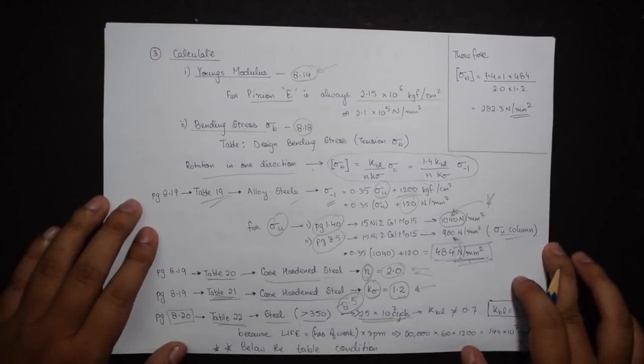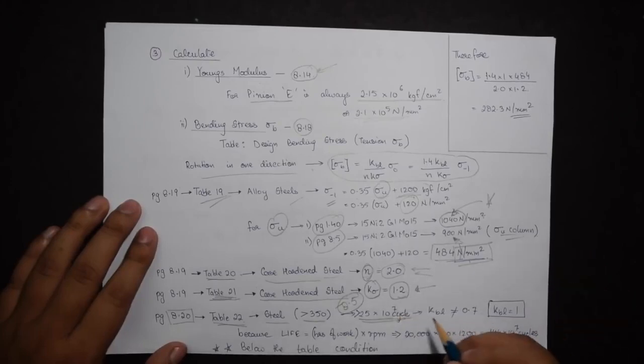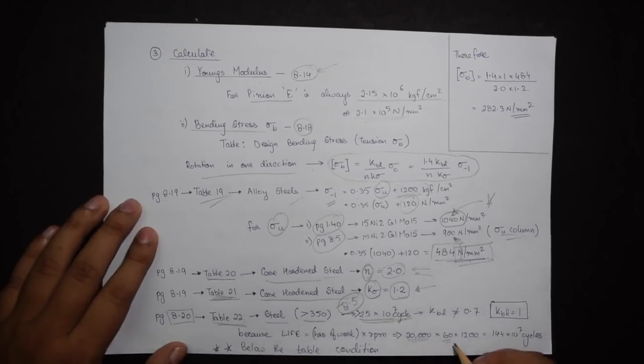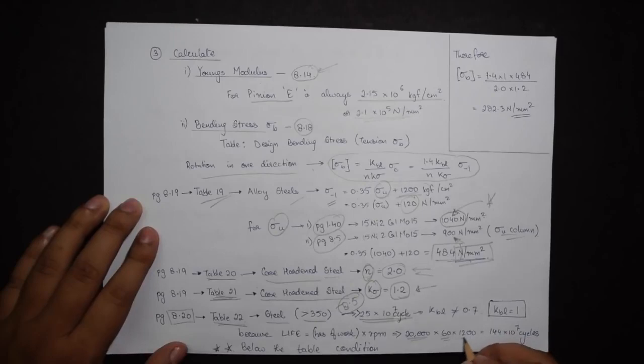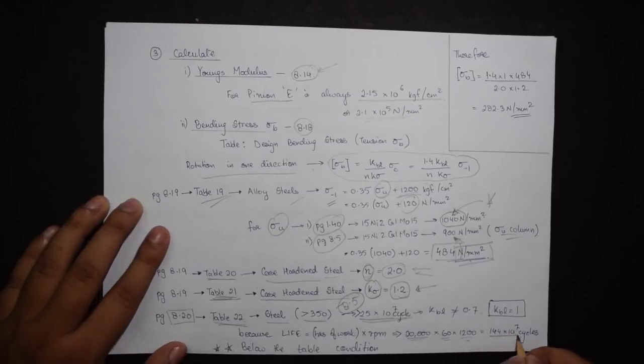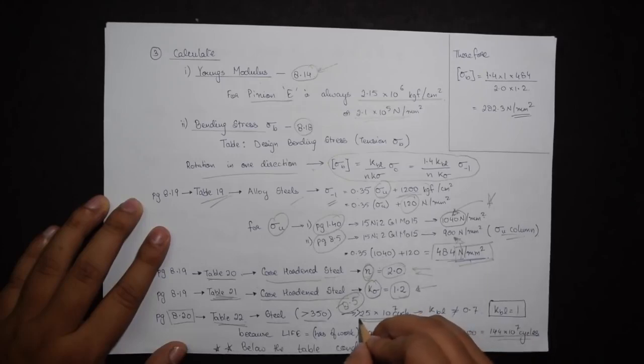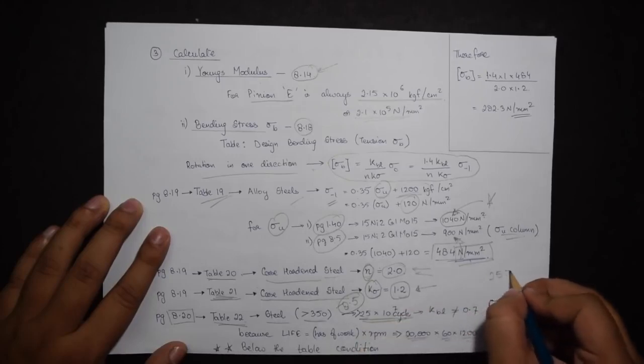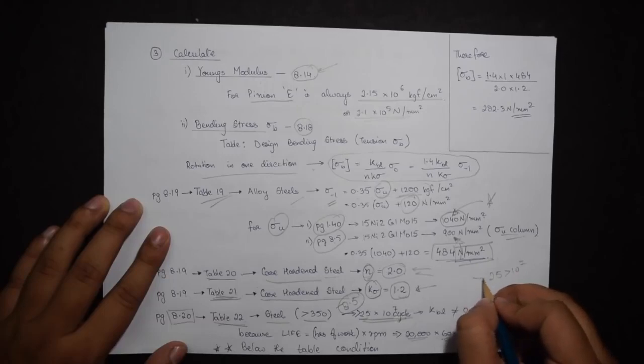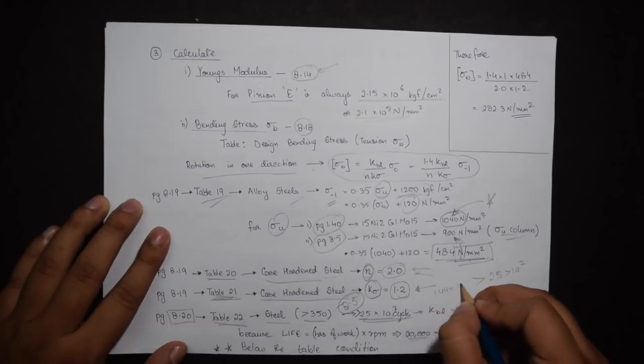We know that life is the number of hours it has worked into the RPM. So I'll write 20,000 hours, convert it into minutes by multiplying by 60, and then the RPM, which is 1200. So my answer becomes 144 into 10 to the power 7 cycles, which is obviously greater than 25 into 10 to the power 7. Therefore the KBL value which I will be taking is 0.7.